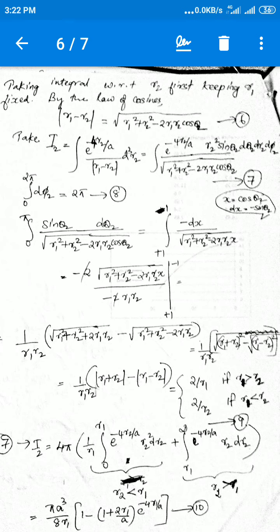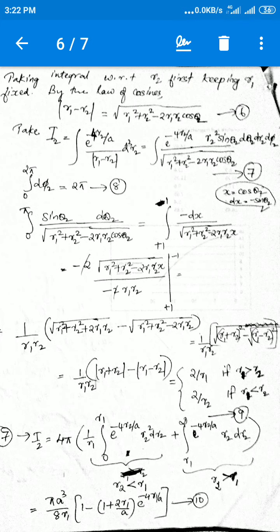The other term comes from the integration limit, because R1 is less than R2, isn't it? So R2 goes from R1 to infinity there. So R1 to infinity integral e raised to minus 4 R2 by a into R2 dr2.